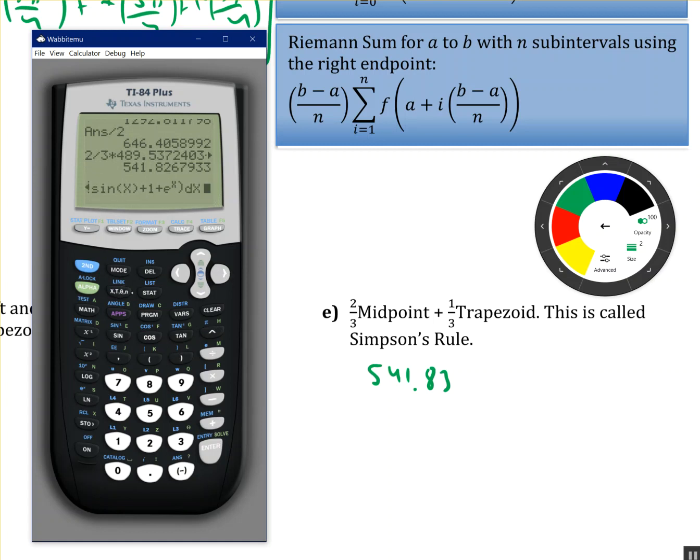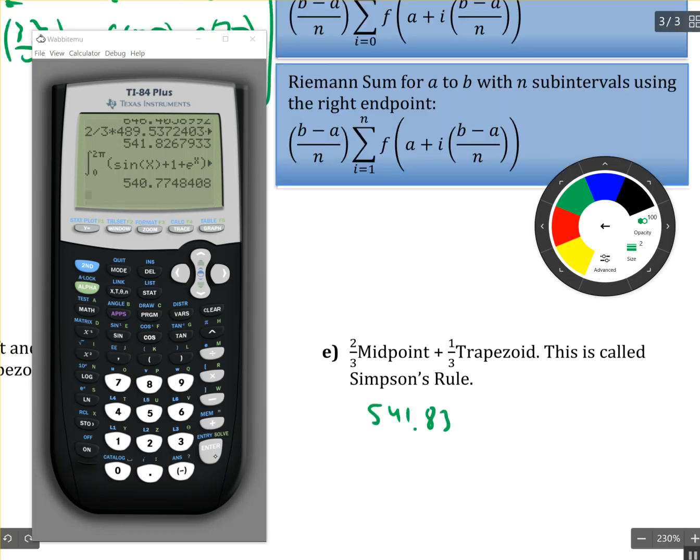And again, don't worry about this notation, or you don't have to know how to do this on your calculator. But the actual exact answer, I mean, not exact, but this is accurate to all the decimal places we're seeing: 540.7748. So notice we were off by not very much by using Simpson's rule, which is kind of cool.